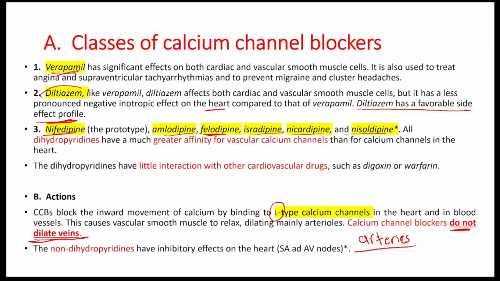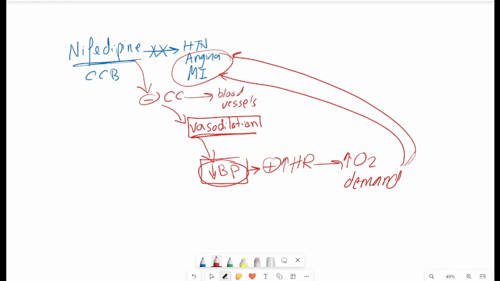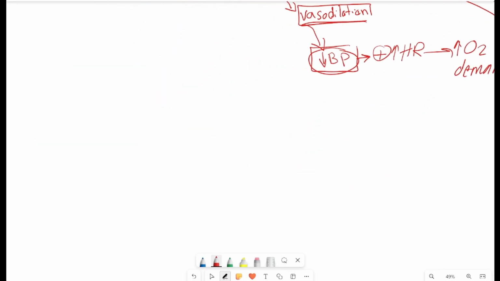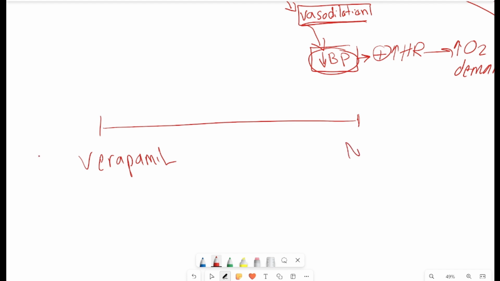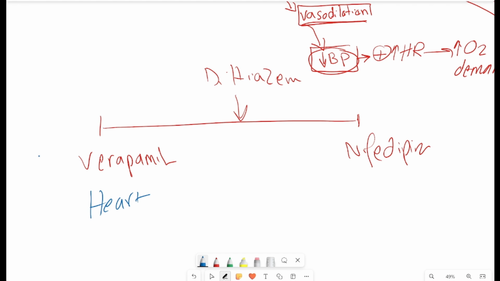Here we need to remember again, moving to our diagram. We have verapamil, then nifedipine, and in the middle diltiazem. Here we can write heart, and here the blood vessels.